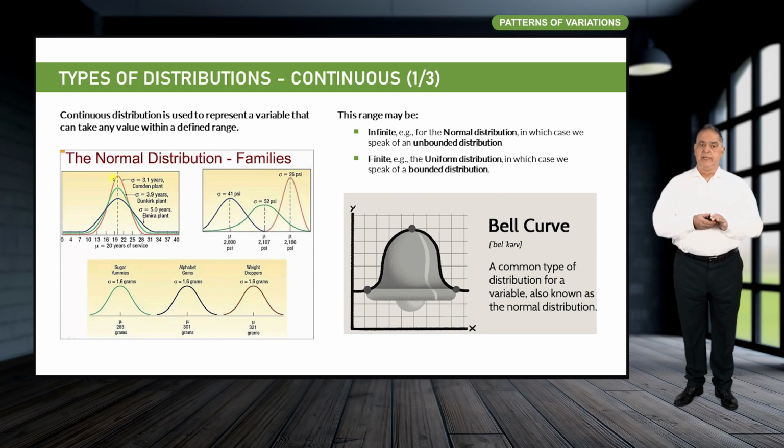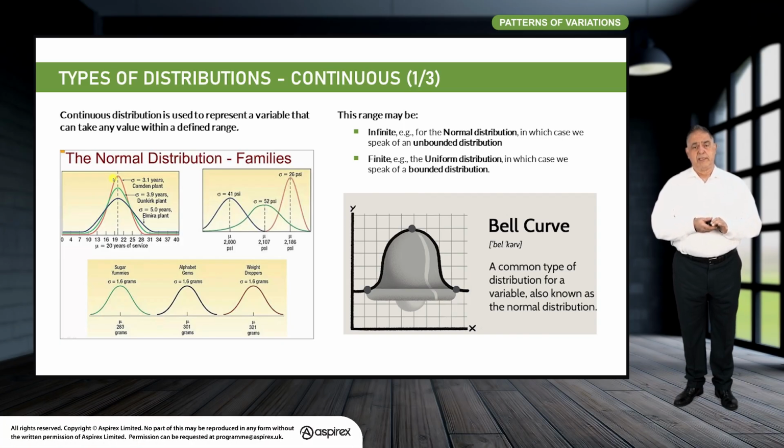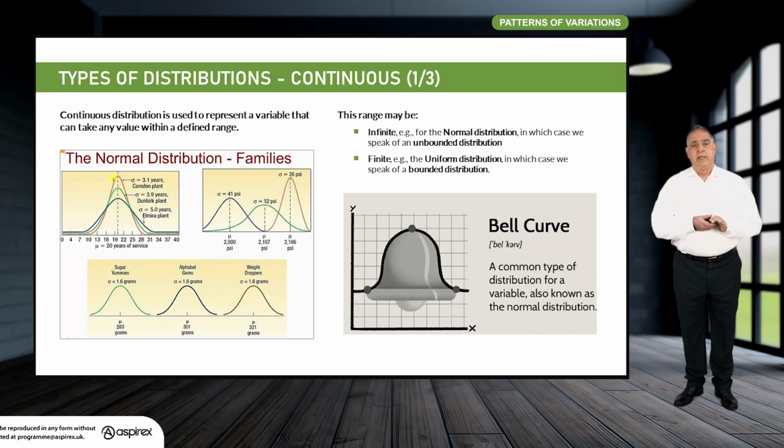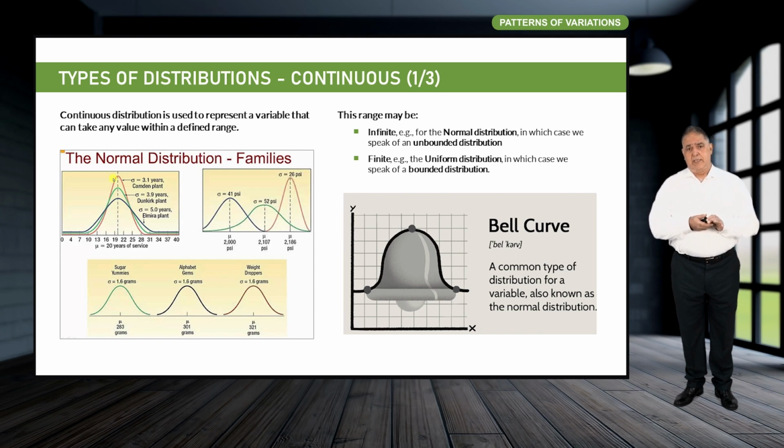Continuous distributions. These are used to represent a variable that can take any value within a defined range. And again, if we go back to our training in yellow belts, when we were discussing the different types of data, we have two main data classifications that we use in our course. We have numerical data, also known as quantitative data, and these are discrete, and the key word for discrete data is count.